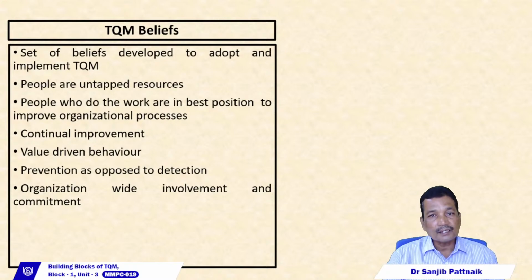If one would have prevented the disease, for prevention the cost is very little, negligible. But once the disease has infected or been detected, then you have to take corrective actions like taking medicines, going to hospital, etc., which becomes very costly. TQM believes that go for prevention, don't wait for detection of problems.